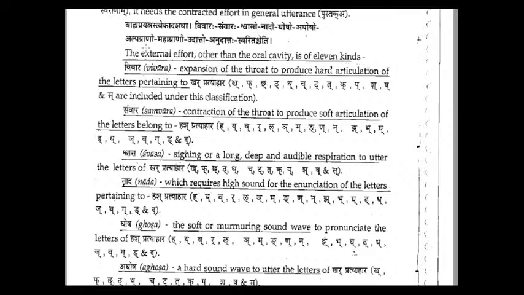What does the Swasa external effort mean? Sighing, or a long, deep and audible respiration to utter the letters of Khar Pratyahar. So again, for Khar Pratyahar consonants, that external effort is Swasa. You have already read here the meaning of Swasa: very long, deep and very audible respiration to pronounce any letter, that is Swasa, right?